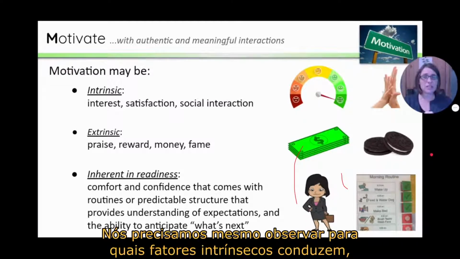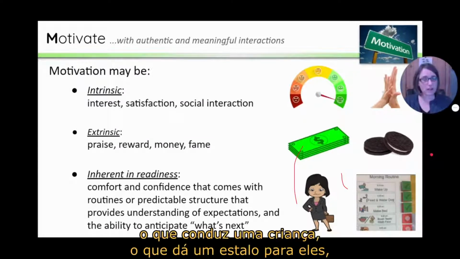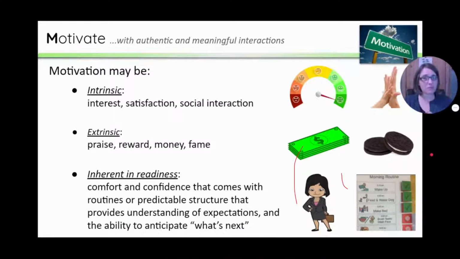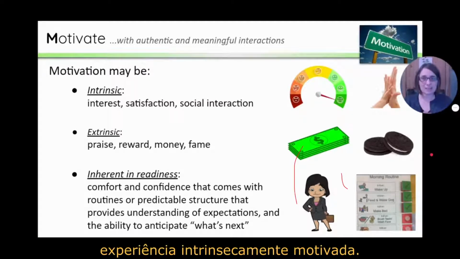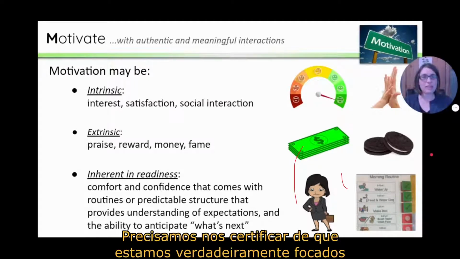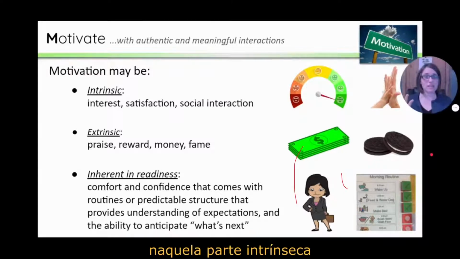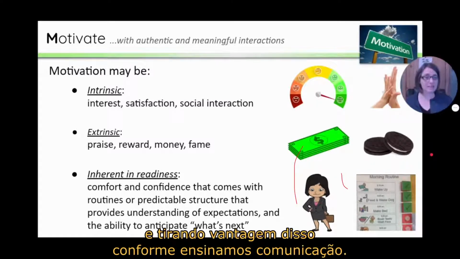We really need to look to what intrinsic factors drive a child, what makes them tick, what makes them want to interact. Because ultimately, communication is an intrinsically motivated experience. So we need to make sure we're really focusing on that intrinsic piece and capitalizing on that as we teach communication.